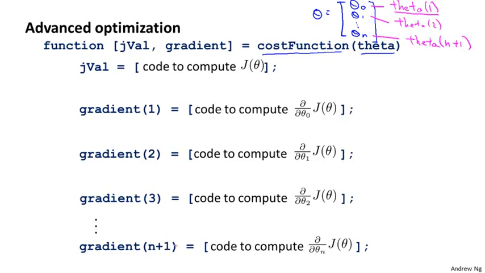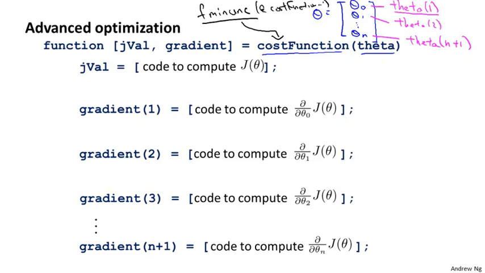And what we needed to do was provide a function called cost function that we would then pass into fminunc, which is fmin unconstrained, and fminunc was what would take the cost function and minimize it for us.